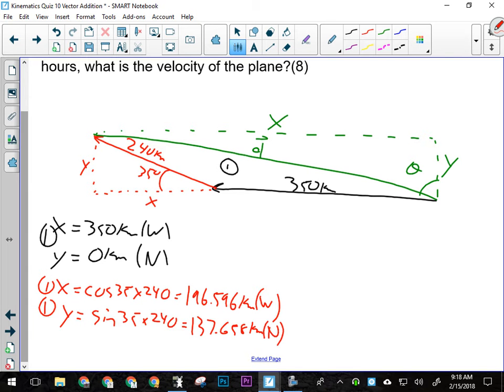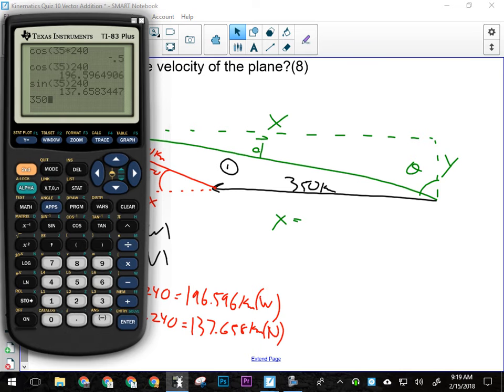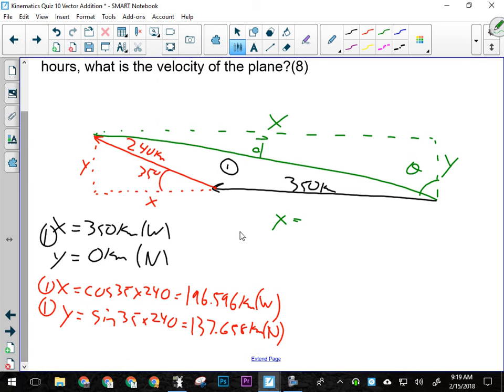All right, I need to calculate my total x and total y here, so green x and green y. Not going to get a mark for those this time because there's not much to do there. For green x, I'm just adding 350 and 196.596, so 546.596 kilometers, and that's west.